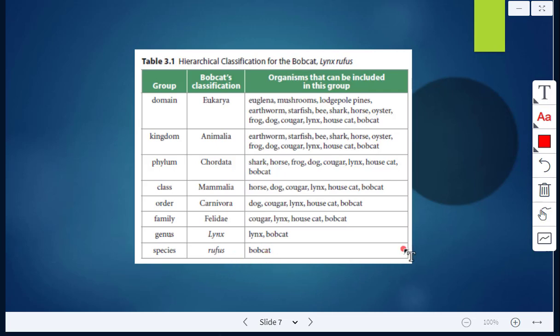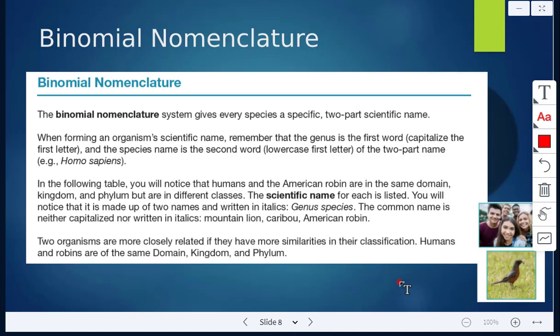So when we're naming the bobcat, we use the genus name first and then the species name. So Lynx rufus. All right, and that's the binomial nomenclature I'm talking about, where we use the two-part scientific name, which is the genus first, and then the species name.